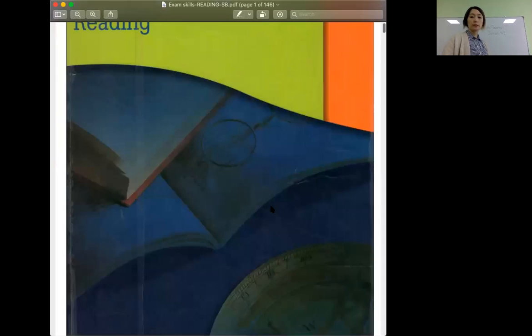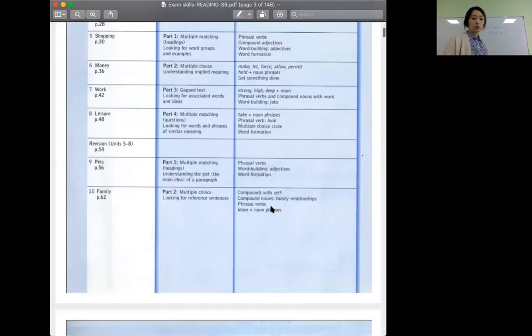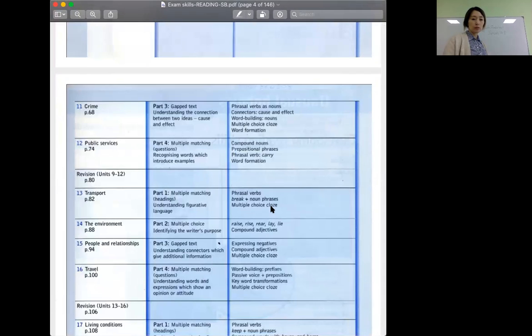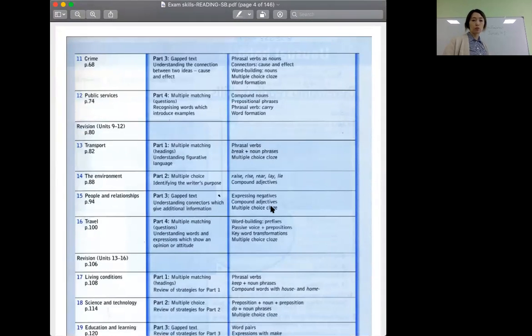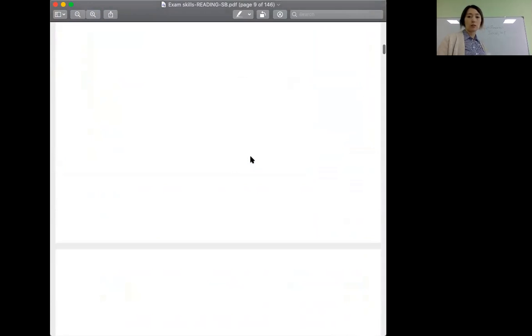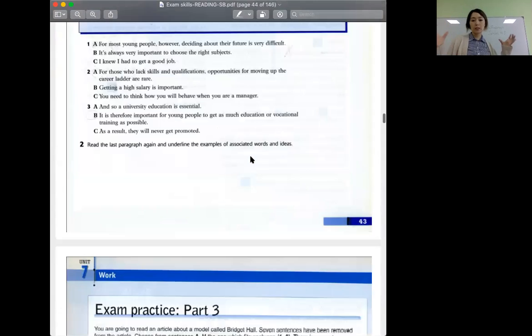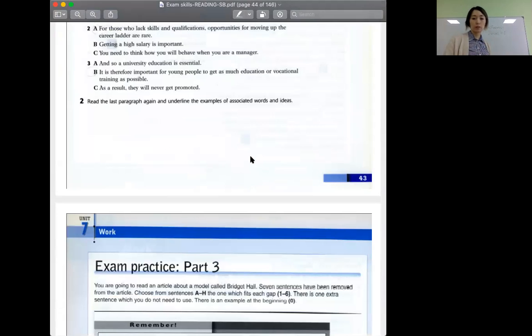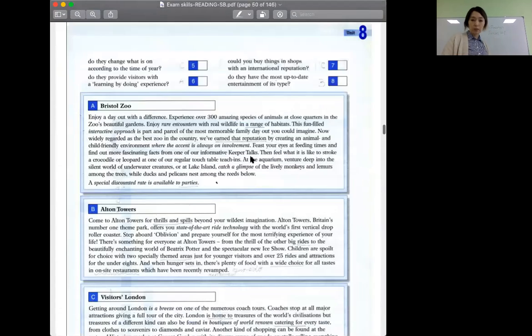We do Unit 13. Unit 13 is about transport. So you do some phrasal verbs with noun break, verb break. That's it. Again, this is a big set of exercises we have to deal with. They are quite easy.